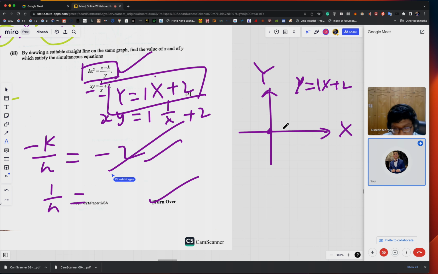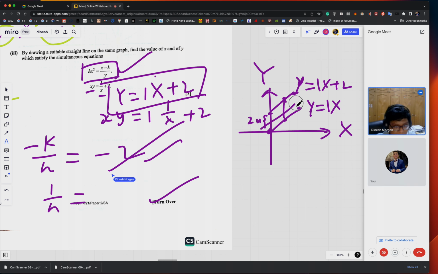So 0, 0, and then 1, 1, and 2, 2. This is your big Y equals big X. So every point shifted 2 units above. If you don't want to use the table, you can do it this way. First you get this out, then you shift it up by 2. Then you will get this.